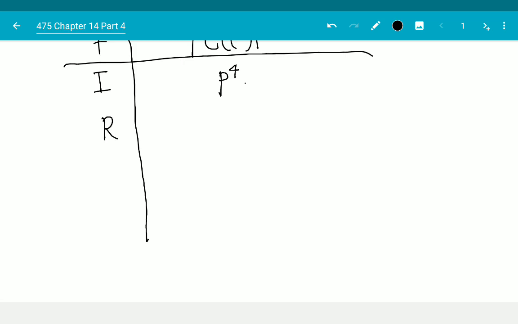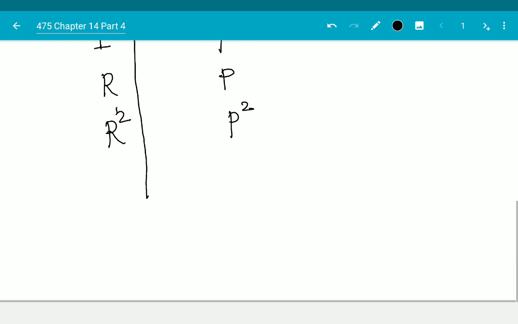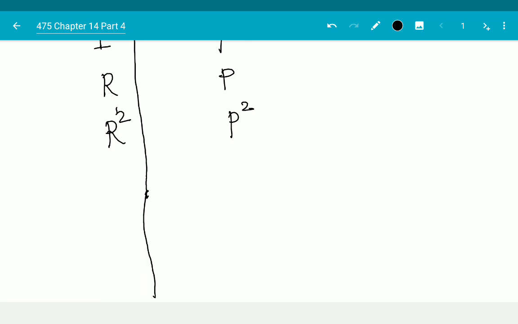The rotation r has only P choices, where everything is the same. When I have r squared, I get P squared choices, because now the opposite corners have to be of the same color. r cubed, again P choices, as before.